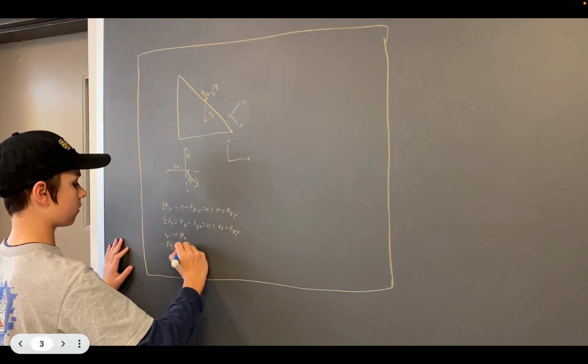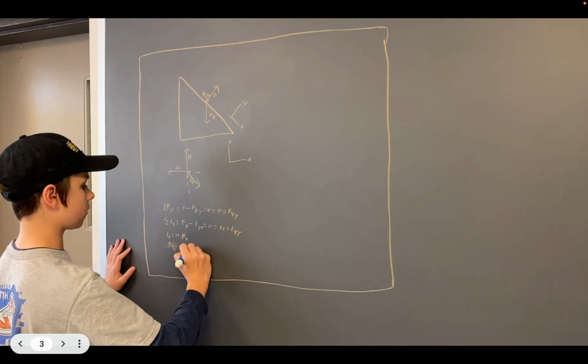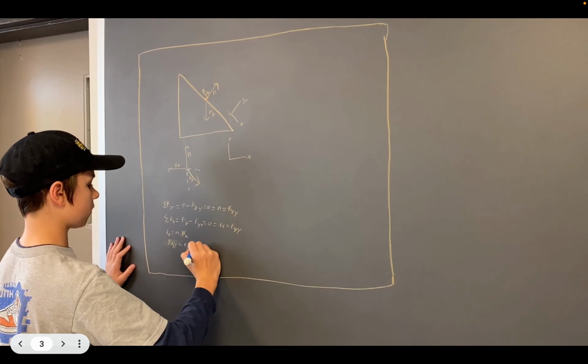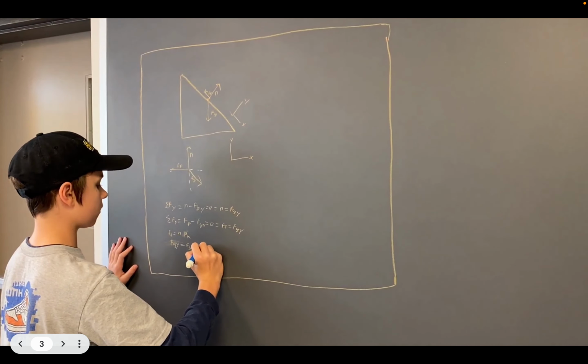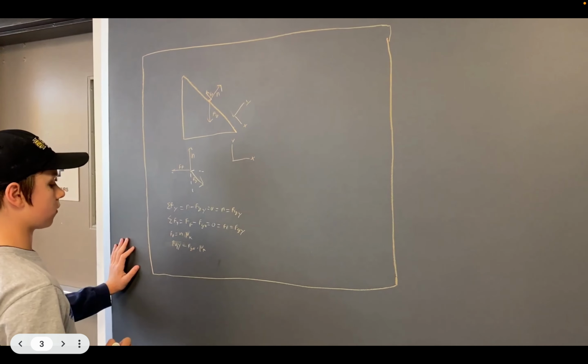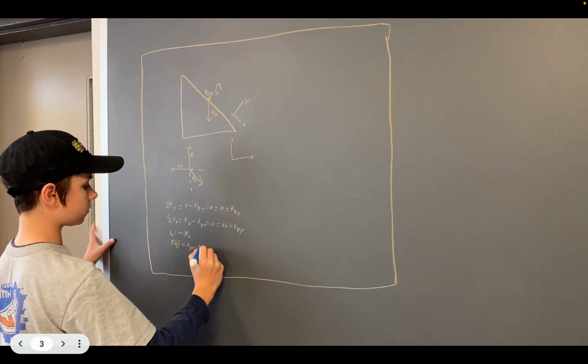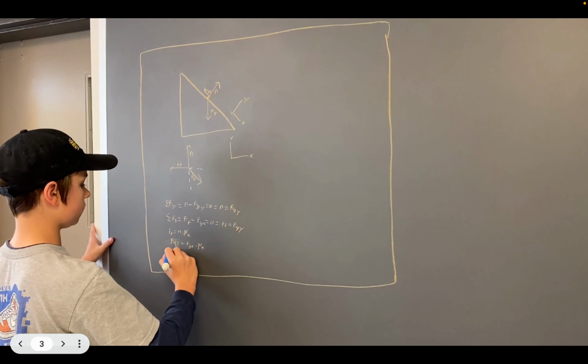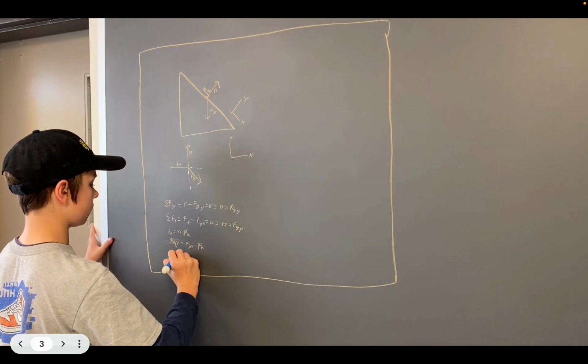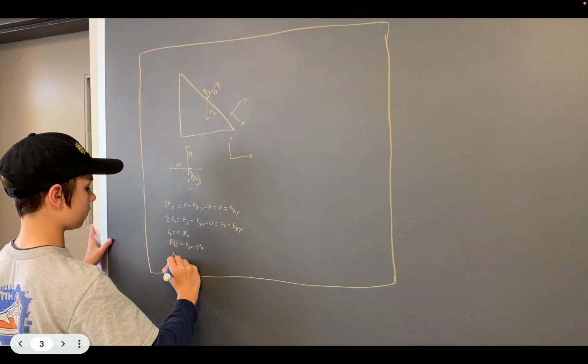After those substitutions, we have Fgx is equal to Fgy times mu. This means that mu is equal to Fgx over Fgy.